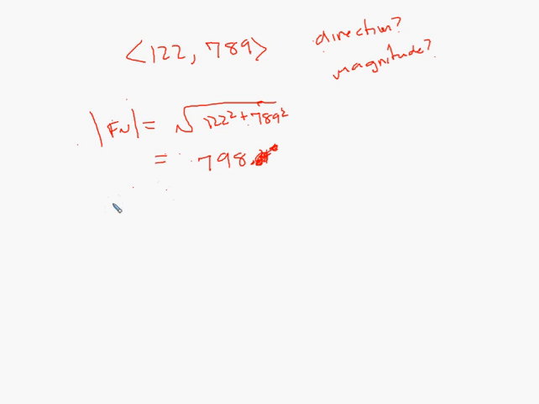All right, so that's our magnitude. What's our direction? Well, now we need to know which quadrant we are in. They're both positive numbers, so which quadrant? Quadrant 1. So I'm going to get my angle next.